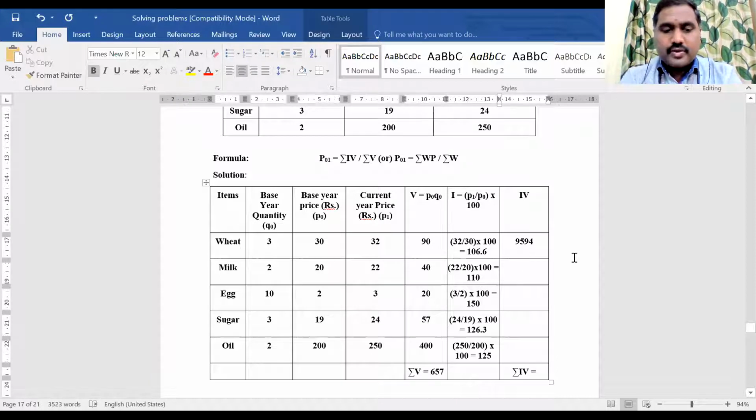And 40 into 110, 4,400. 20 into 150, 3,000. 57 into 126.3, 7,199.1.